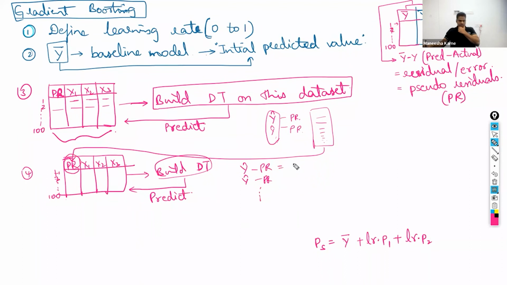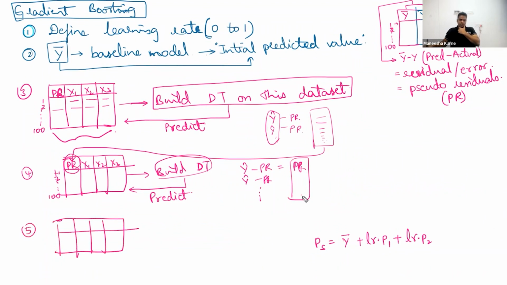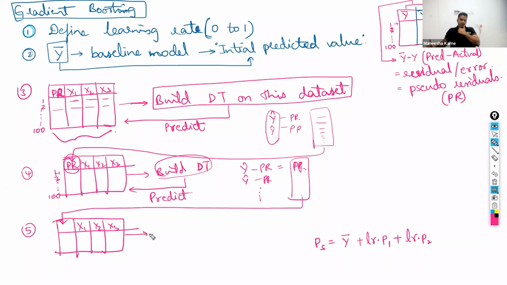Again, residuals, pseudo residuals or errors. Take these pseudo residuals and make these pseudo residuals once again output variable, and take your input variables from the original data set. Again, build your decision tree.